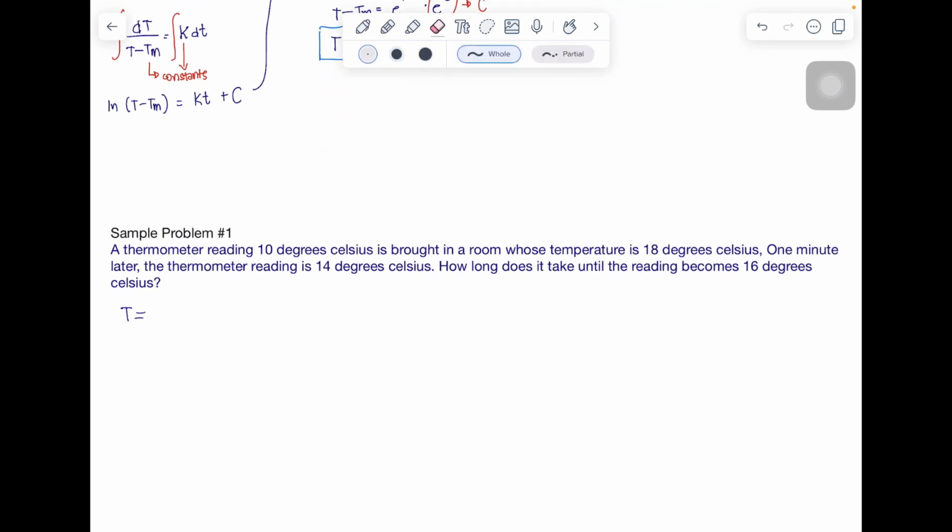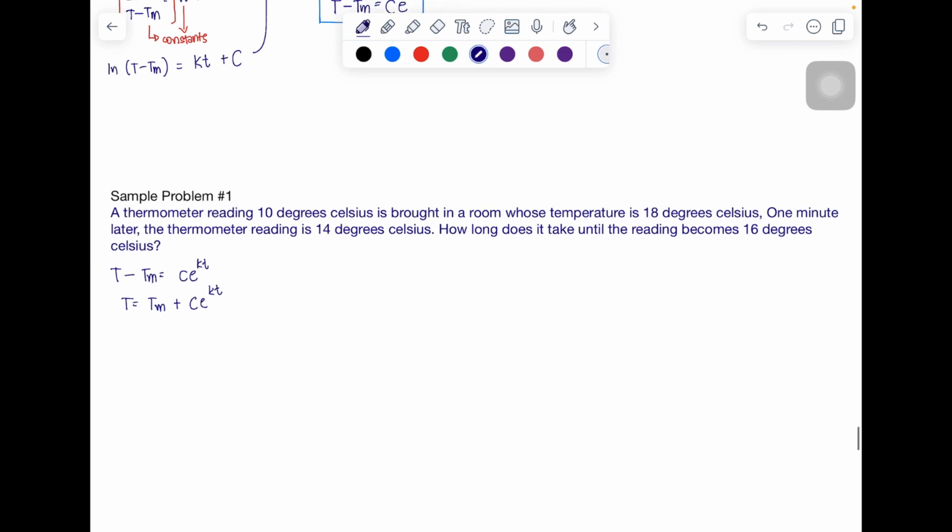That's T minus Tm is equal to c e to the kt, or that's basically T is equal to Tm plus c e to the kt. Now we have two variables here that are not given. So let's first have the initial conditions.